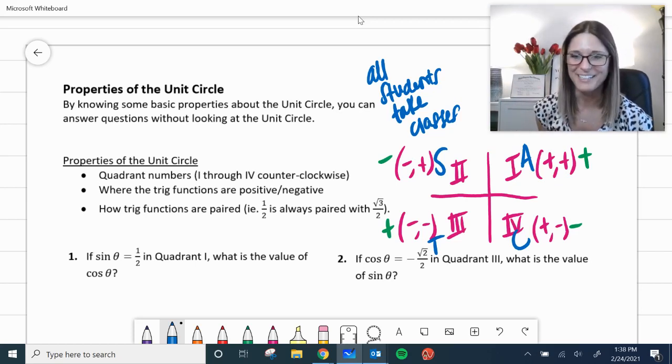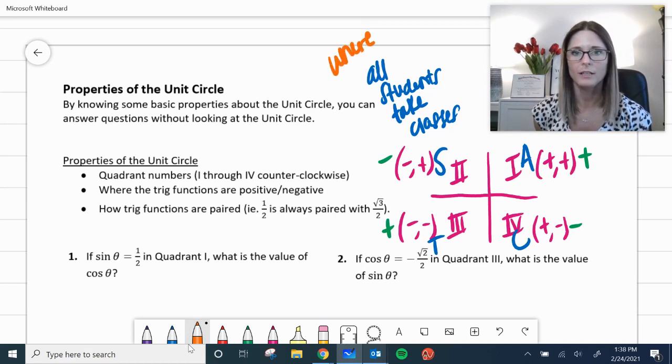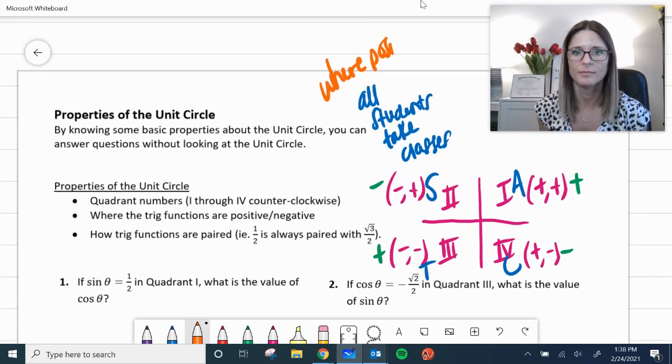Well, here's the point. ASTC stands for where our trig functions are positive. So let me write that here. Let's use orange. Where they are positive.